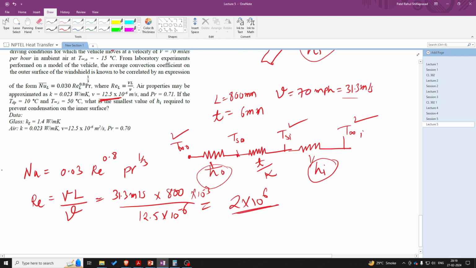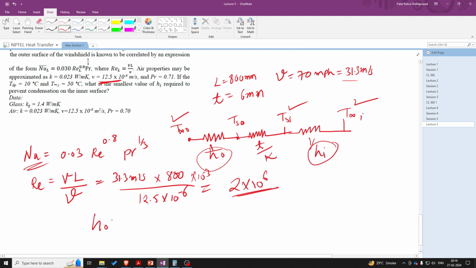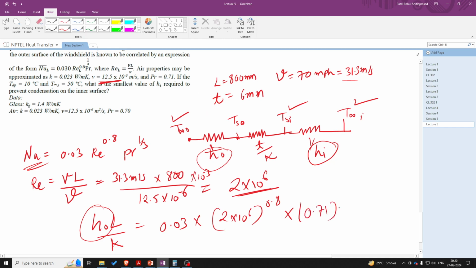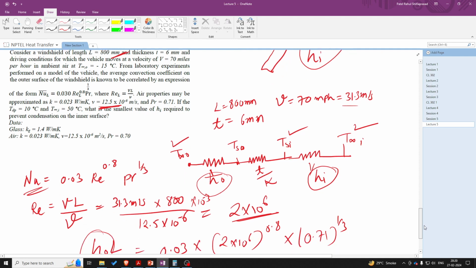Then we need to find this Nusselt's number. So Nusselt's number is nothing but H L by K, H naught L upon K. So from this we can get H naught. We just need to replace the values in the correlation. 2 into 10 raised to 6 raised to 0.8 into Prandtl's number, which is given as 0.71, raised to 1 by 3. The length is already given as 800 mm.